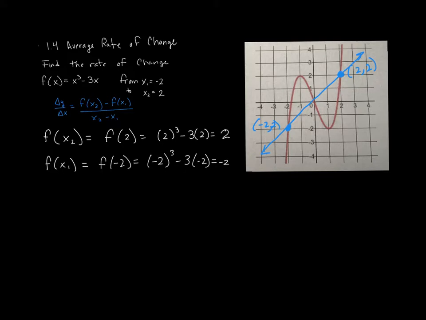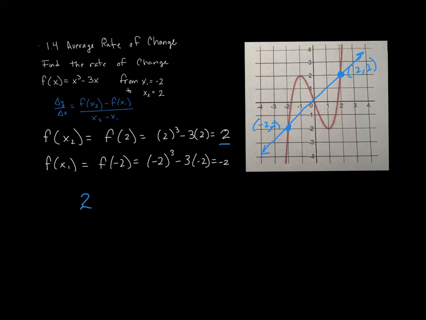We are finding the average rate of change between those 2 points. So the average rate of change formula, we're just going to go ahead and subtract those values. So we're just going to use that formula that I have above in blue. x2 is 2. F of x2 is also 2.